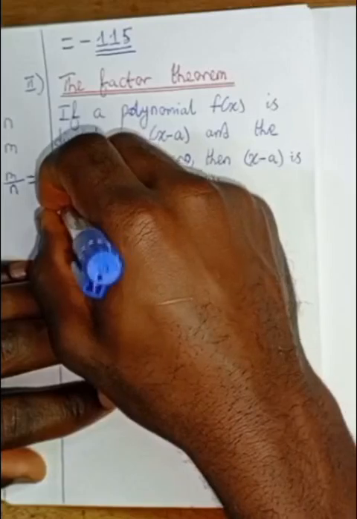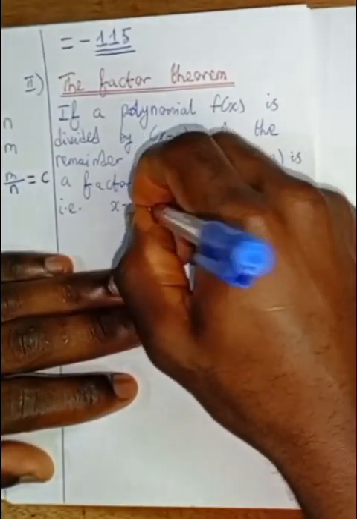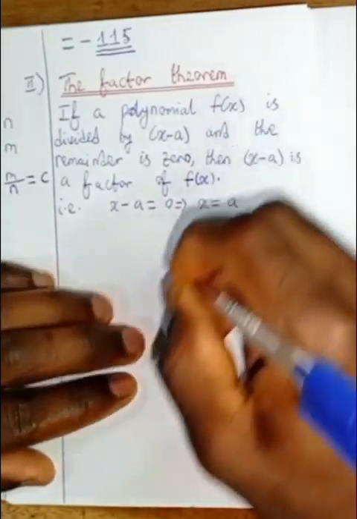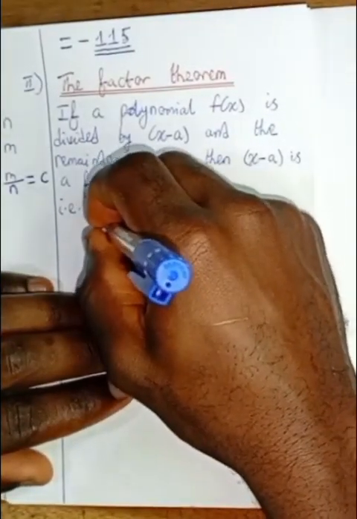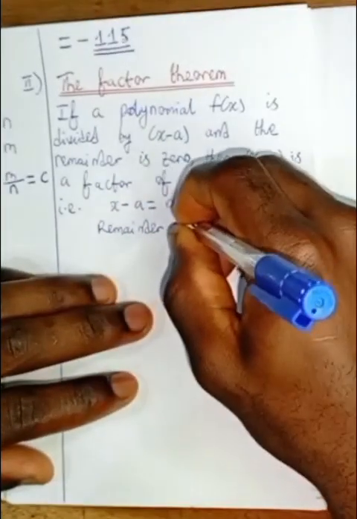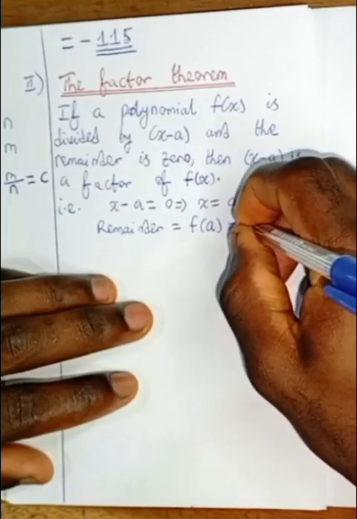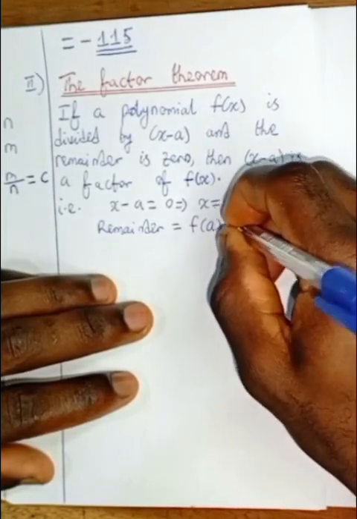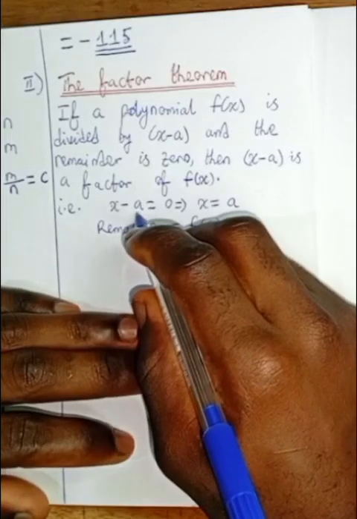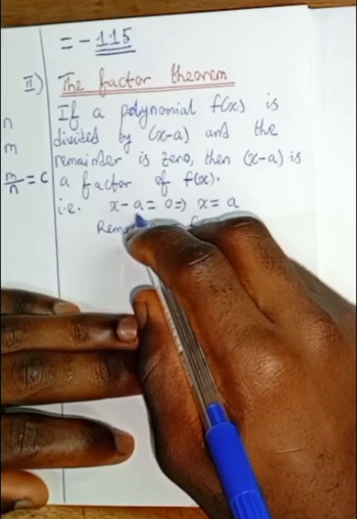That is, we equate x minus e to 0, then x will be equal to e. It simply means our remainder is equal to f of e, which is equal to 0. That means f of e is always equal to 0 if x minus e is a factor of f of x.